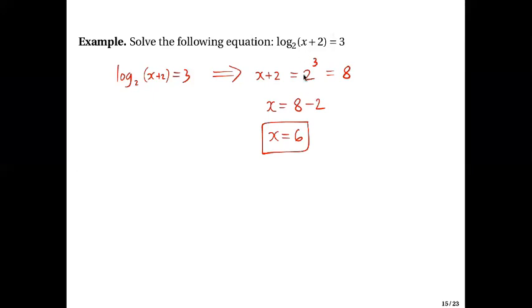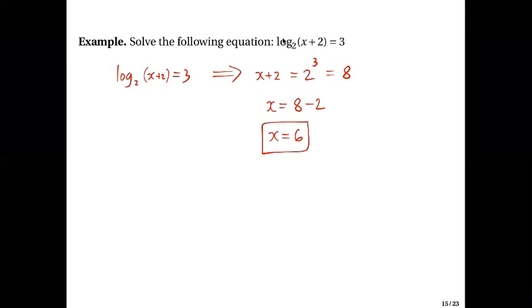Now, be careful when you have obtained a value for your variable. You have to make sure that when you substitute your candidate solution into the original equation, it must be well defined. Meaning, suppose I substitute x equals 6, you will get here 6 plus 2, that's equal to 8.